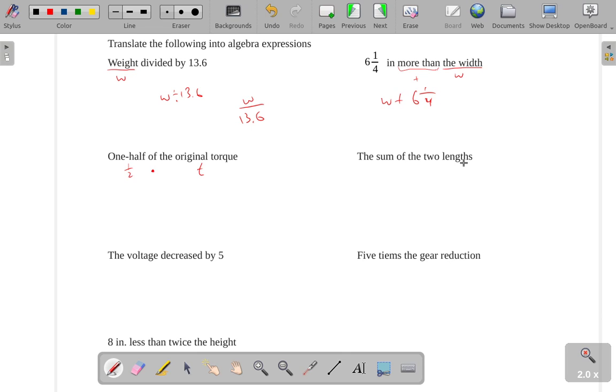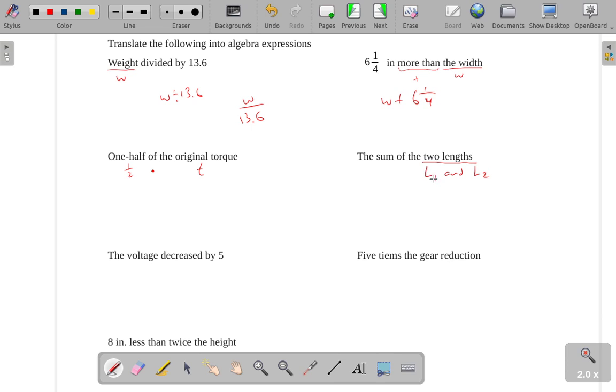The sum of two lengths. Well, when we say two lengths here, we need to actually have two separate numbers. We don't know what those numbers are, so you might call them something like L1 and L2. Subscripts are a common way to reuse a letter but actually be referring to a separate variable.